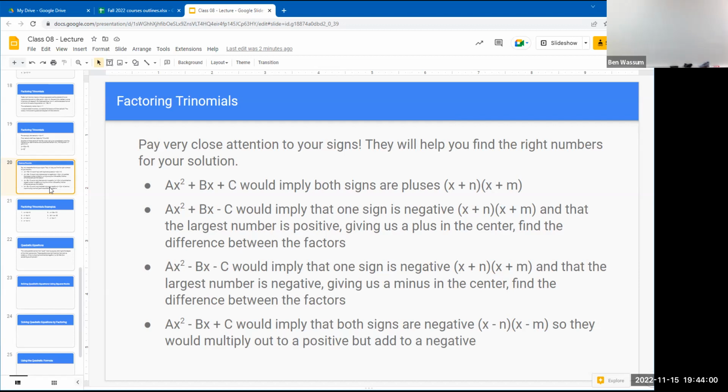And then if you look at that last option, if the last one's a plus, but you have a minus in the middle, well, in order to get a plus at the end, think about the fact that each of these are going to be binomials that would boil back together to be a trinomial. So the last two terms multiply out to that number. If both of them multiply out to a positive number, then they're either both positive or both negative. So if I have a minus in the middle, they're both negative.